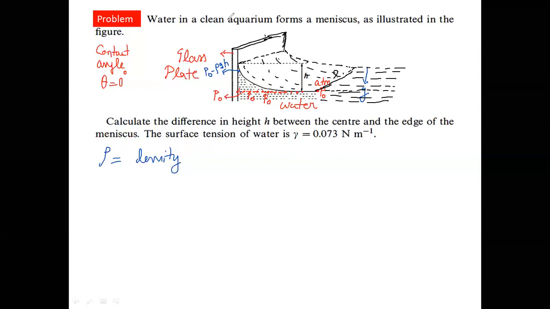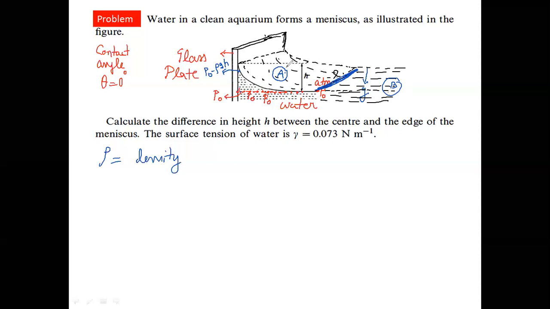By the property of surface tension, let this curved portion be A, and this portion of the surface be B. This is a line on the free surface of the liquid, and as per the property of surface tension, if you consider any line on the free surface of the liquid, then the two parts of that free surface pull each other.